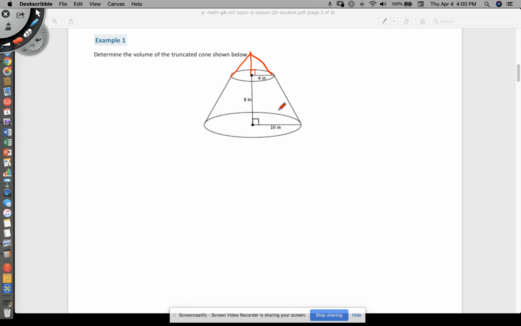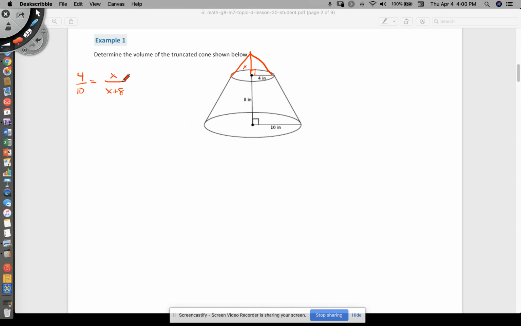When I go to solve for this, I'm going to set it up like a ratio. I'm going to say this 4 to this 10 is x to x plus 8, because this is x up here, and I'm going to take that x and add it to the 8 to get a total height.